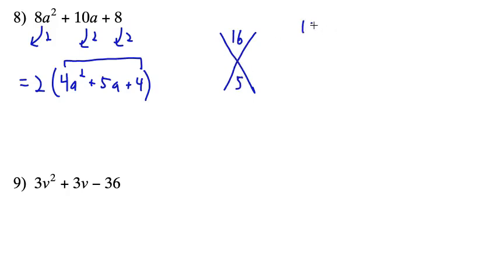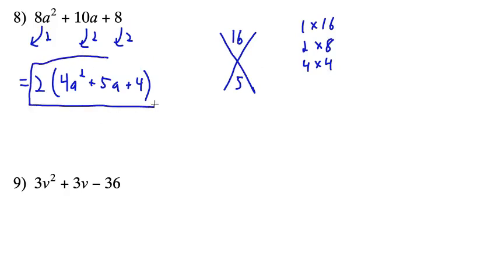Let's see, to get 16, we have 1 times 16, those do not have a sum of 5. 2 times 8, those do not have a sum of 5. And 4 times 4, those do not have a sum of 5. So we cannot factor it anymore. And so we are done right here. So that means that this trinomial is not factorable. But we already did factor out the 2.